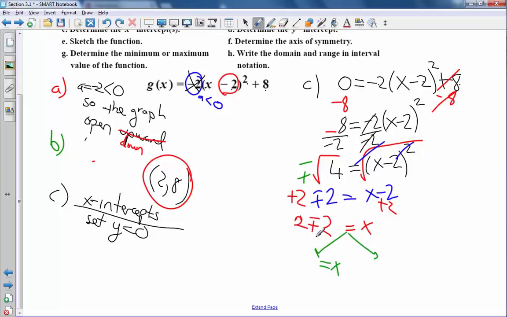So x is either, taking the first positive option, 4, or, taking the negative option, x is 0. Congratulations, you just found 2 intercepts which are 4 something, 0 something. What is that something? You got these 2 numbers down, but what is the second coordinate? It's y equals 0, so you have everything complete now.